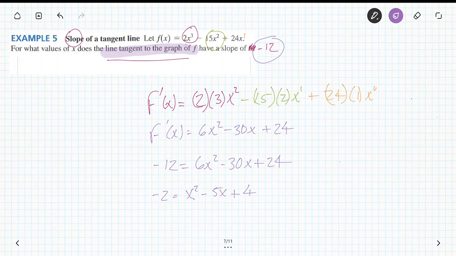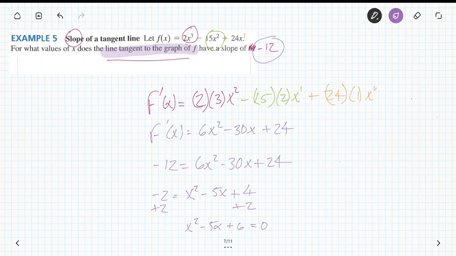Now I'm going to go ahead and solve the equation. So bring in the 2: this is going to be plus 2 on both sides, and I'm going to have x squared minus 5x plus 6 equals 0. Okay, now what can we do?